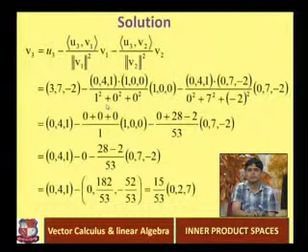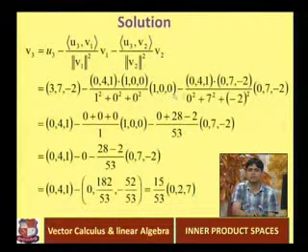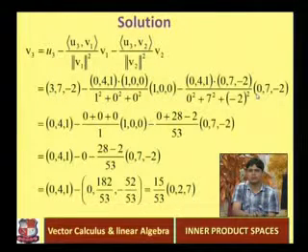that is the summation of squares of each element of v1, 1 squared plus 0 squared plus 0 squared, times v1, that is (1, 0, 0), minus the dot product of u3 and v2 upon the norm of v2 squared, that is the summation of squares of the v2 elements, 0 squared plus 7 squared plus (-2) squared, times v2, that is (0, 7, -2).